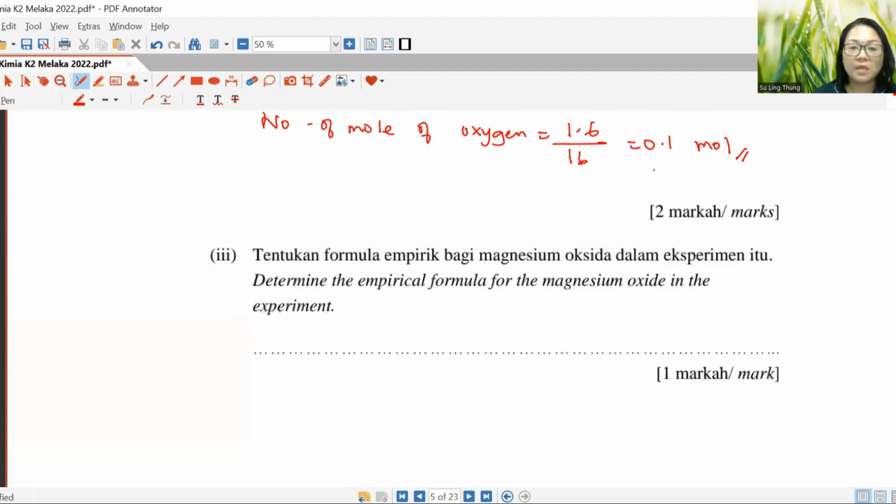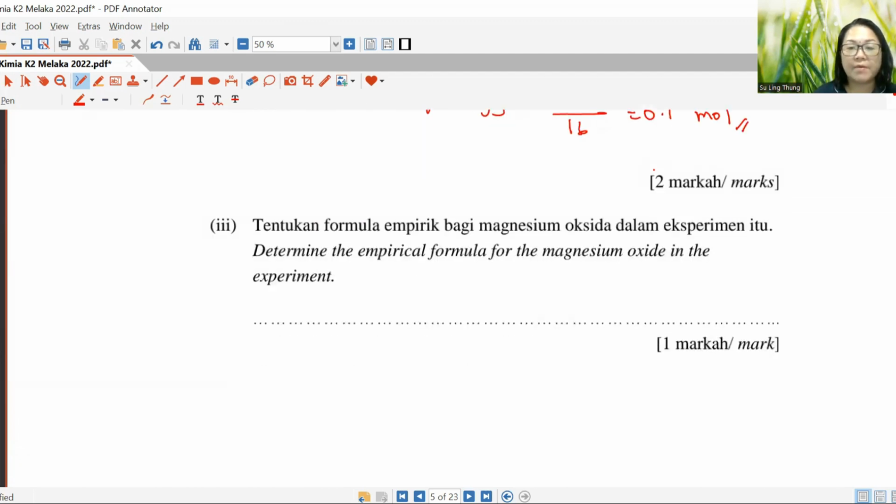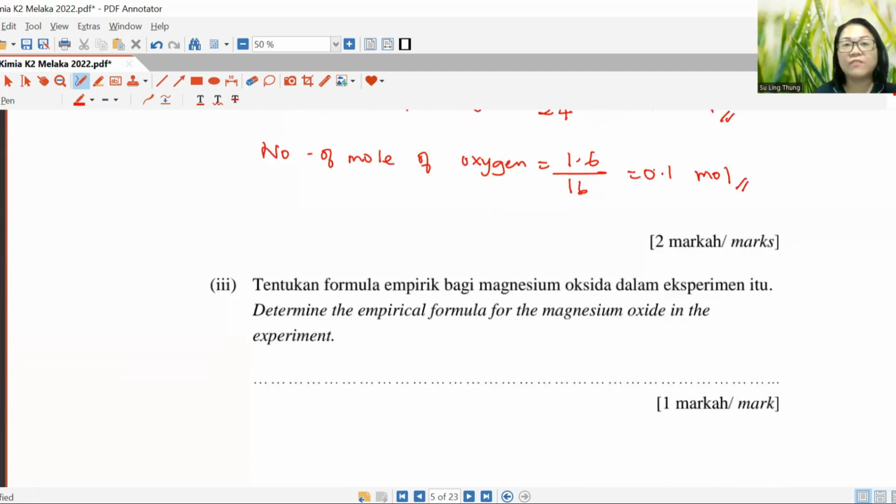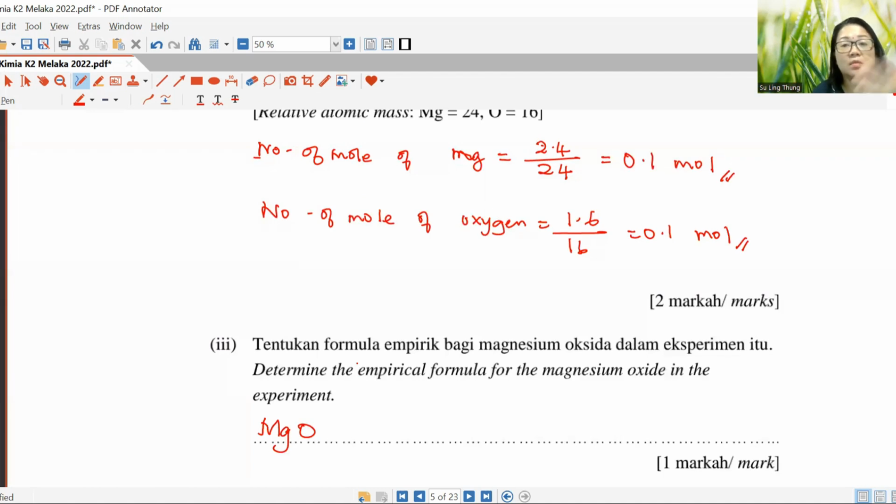Now, determine the empirical formula for magnesium oxide in the experiment. You don't have to do the table that we always do, because this is only 1 mark. You just need to straight away write down the answer as MgO, because it's quite obvious already. We know magnesium is 0.1, oxygen also 0.1.